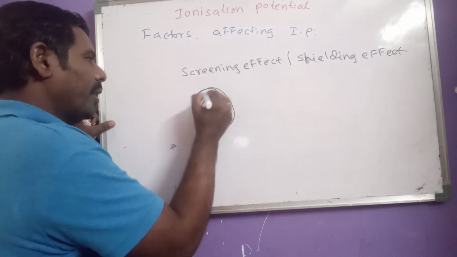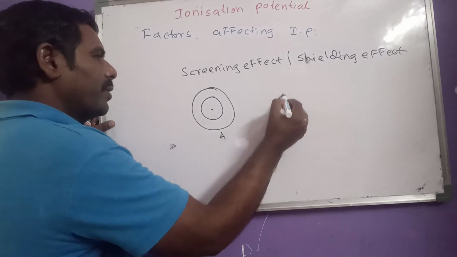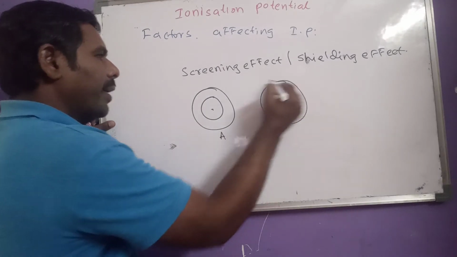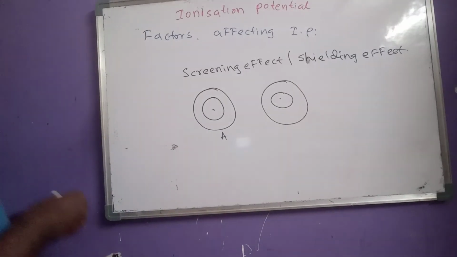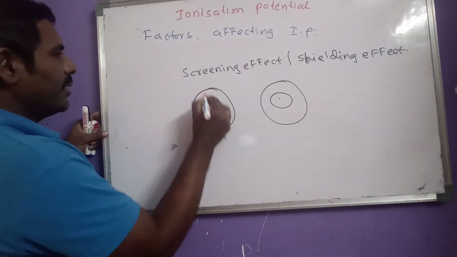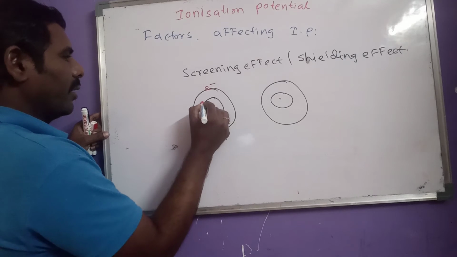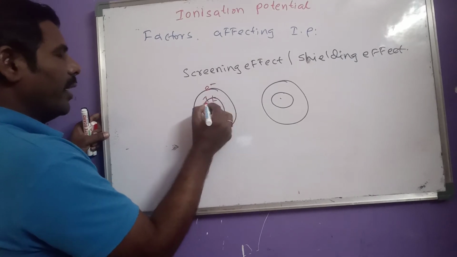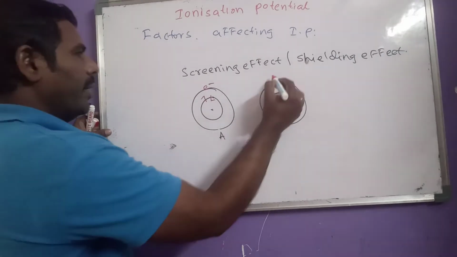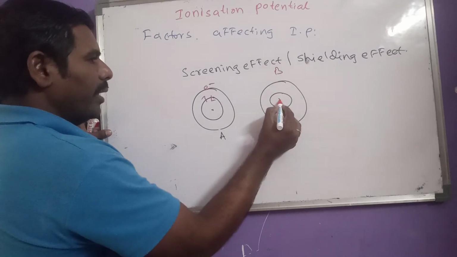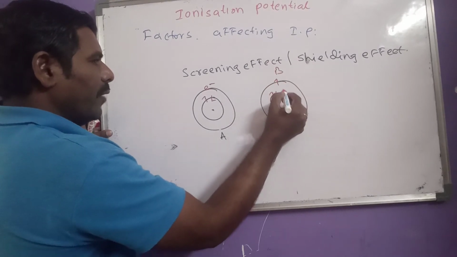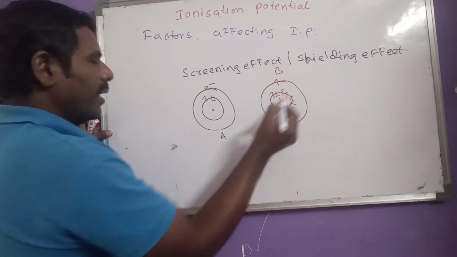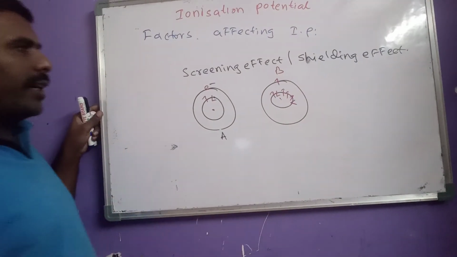For example, consider two atoms here, A and B. In atom A, in between the nucleus and the outermost electron, consider two electrons are present. But in atom B, in between the nucleus and the outermost electron, suppose 6 electrons are present. Now what happens here?